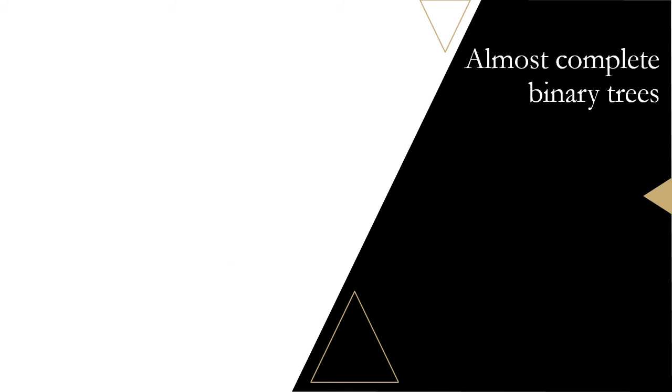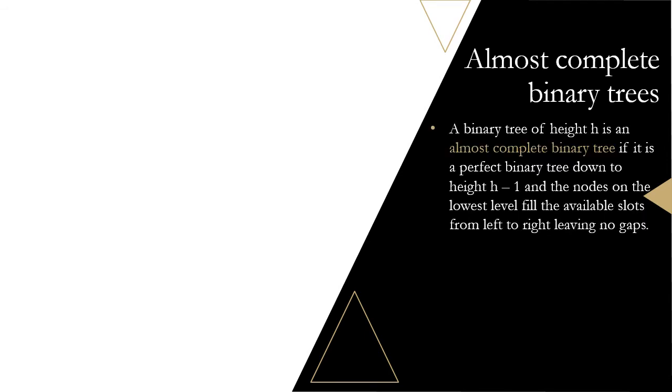Then we have something called the almost complete binary tree. A binary tree of height h is an almost complete binary tree if it is a perfect binary tree down to height h minus 1 and the nodes on the lowest level fill the available slots from left to right, leaving no gaps.